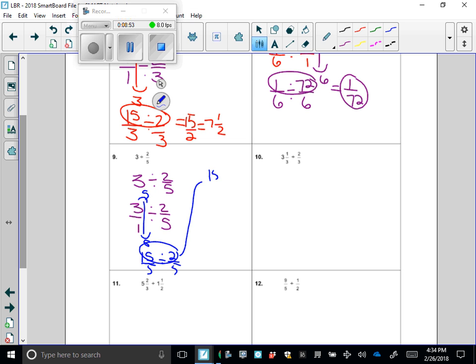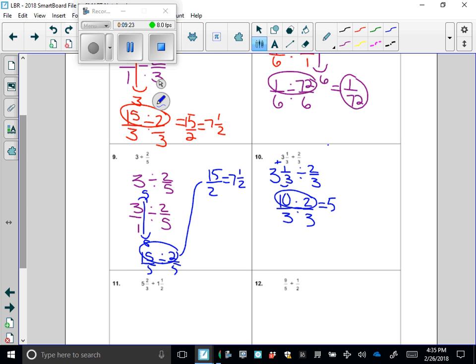That's 15 over 2, which is 7.5. This is 3 1/3 divided by 2/3. So that's 3 times 3 is 9. We already have a common denominator. Plus 1 is 10. 10 thirds divided by 2/3 is 5.